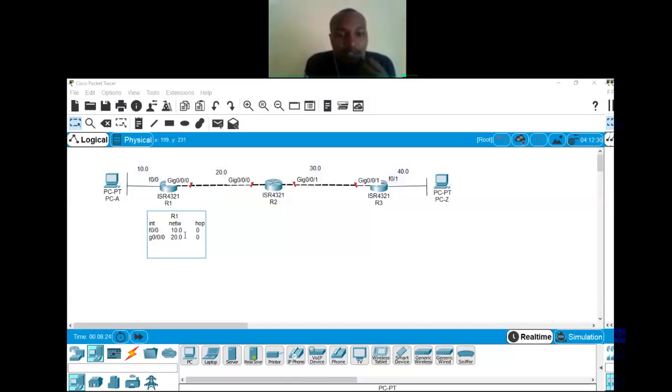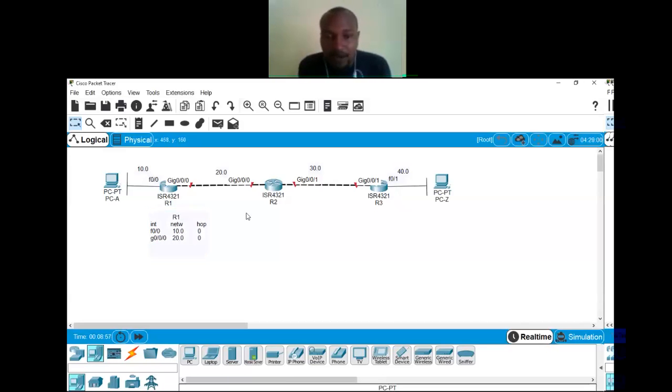So if somebody is talking to these destinations, the router by default will be able to forward traffic to these destinations. If PCA is talking to somebody on the 10 network, it's supposed to be direct, so it doesn't really need to do the routing process. But if somebody from 10 tries to talk to 20, the router will route. It will take you from one network to the other network. But that network must be registered under the routing table. For now, the default information on the routing table are the directly connected networks.